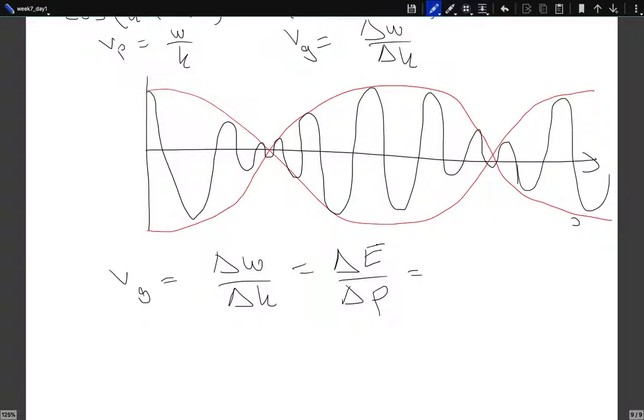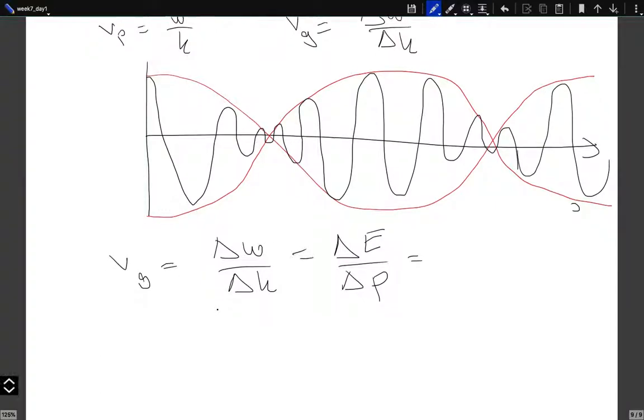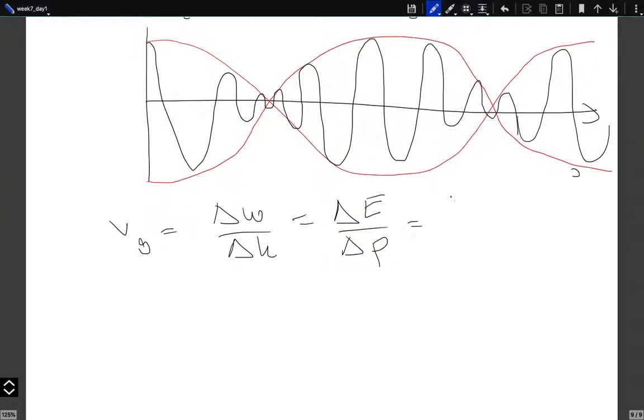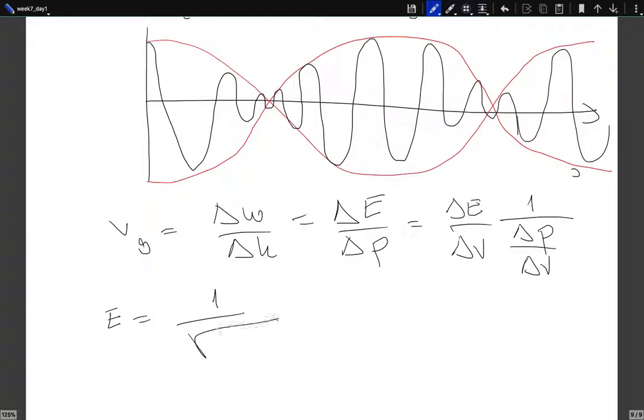Delta E by delta p, just multiply by factors of h bar. Well, what is the energy of a particle? This we can also write as delta E over delta v divided by delta p over delta v. What is E? Well, E was 1 over square root of 1 minus v squared over c squared, m times c squared, gamma m c squared.